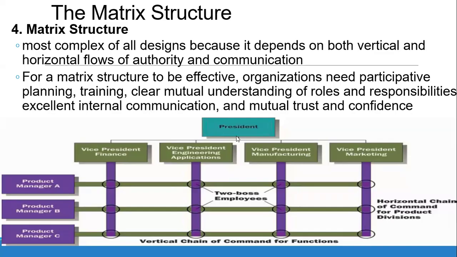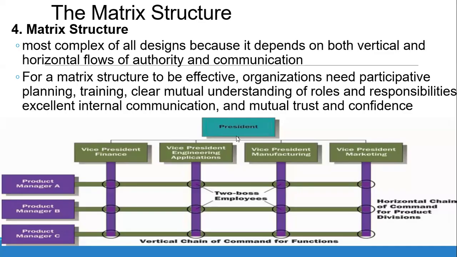But having said this, it works very well for them because they are able to monitor what is happening at the parent company and also what is happening at their subsidiaries in order to maintain the same level of standardization and coordination that they are looking out for. And so the unique thing about this matrix structure is that it has dual lines of authority.